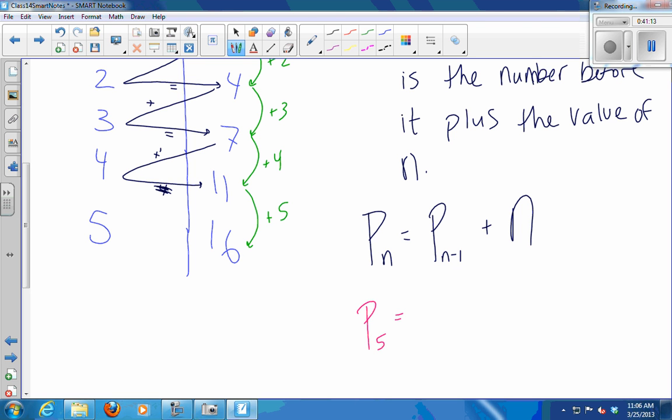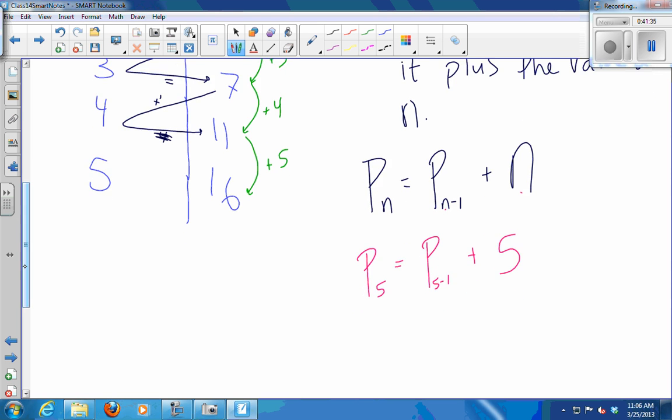This says take the previous number in the list, that would be P sub 5 minus 1, and add 5 to it, because my n is 5 in this case. So I'm replacing all my n's in my formula with a 5. This n becomes 5, and this n becomes 5. So this says P5 is P4 plus 5, and P4 is 11, which is 16. So I get the right number.